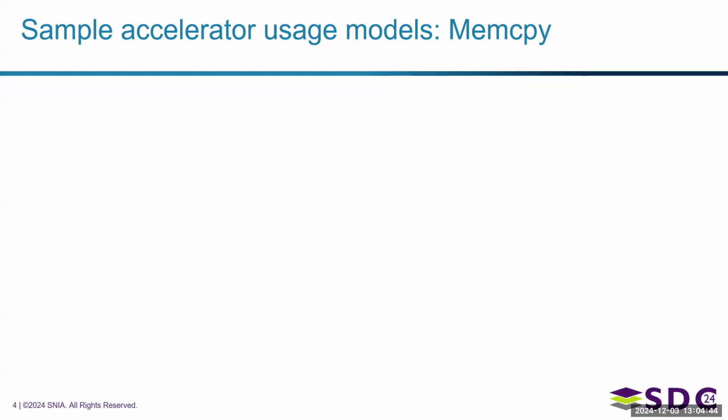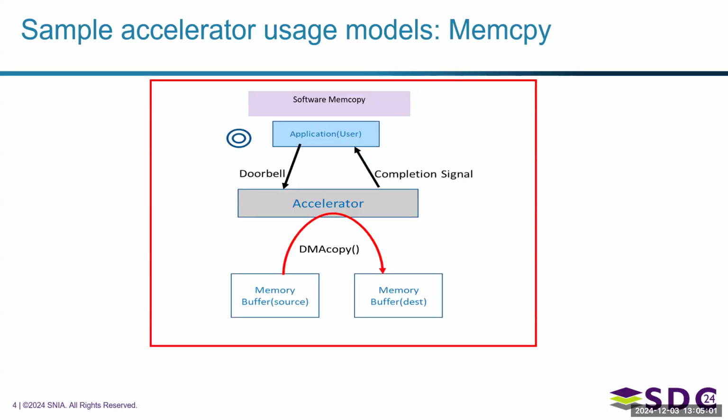Some of the accelerator usage models that SDXI is trying to solve are discussed in the next few slides. The first one is about how you offload memcopy. A lot of times, the simplest of offload operations is basically telling somebody else to do your copies so that you can focus, as an application or a user, on more interesting things, because application copies end up using a lot of compute cycles.